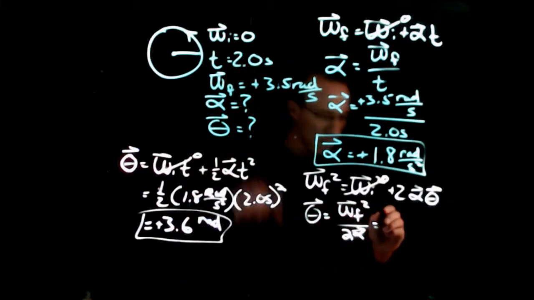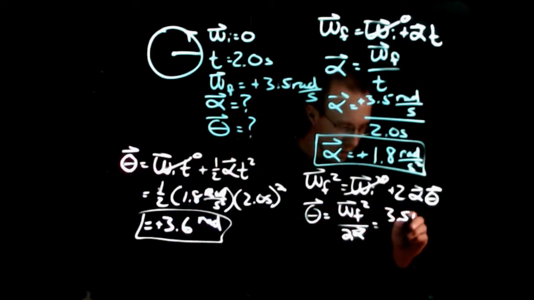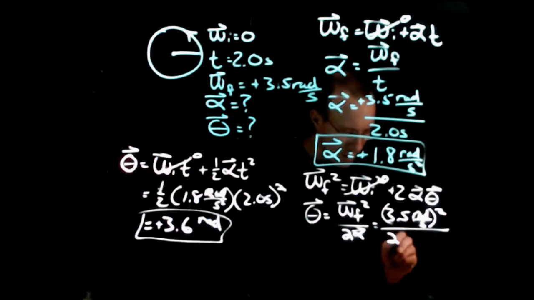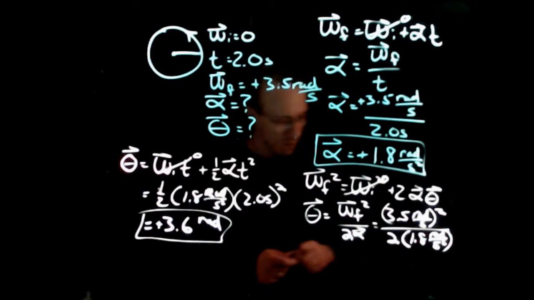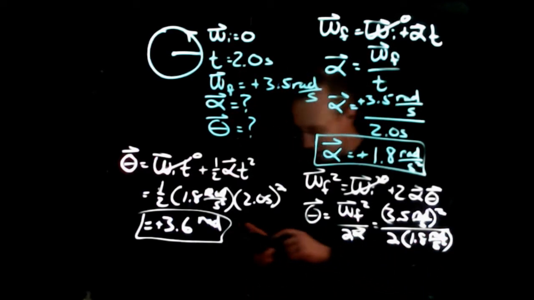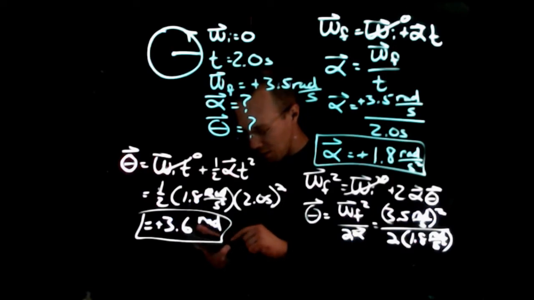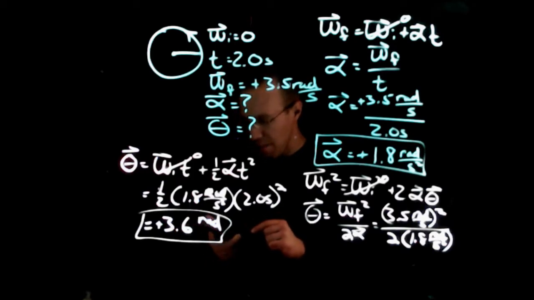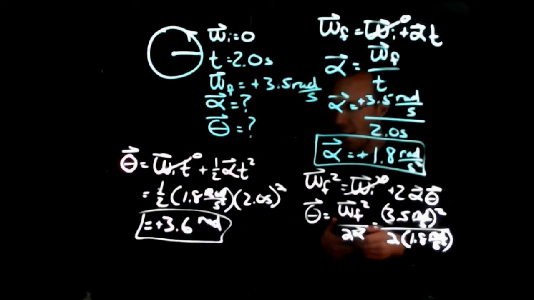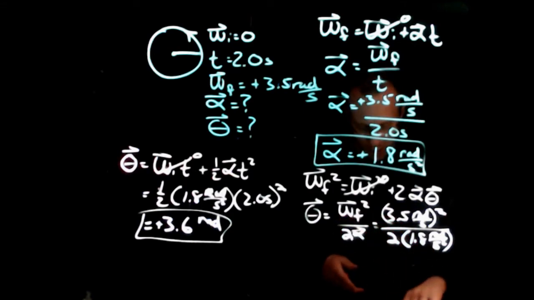So we have 3.5 squared divided by 2 times our alpha, which is 1.8 radians per second squared. Using my calculator: 3.5 squared divided by 2 divided by 1.8. And amazingly, we get 3.4.